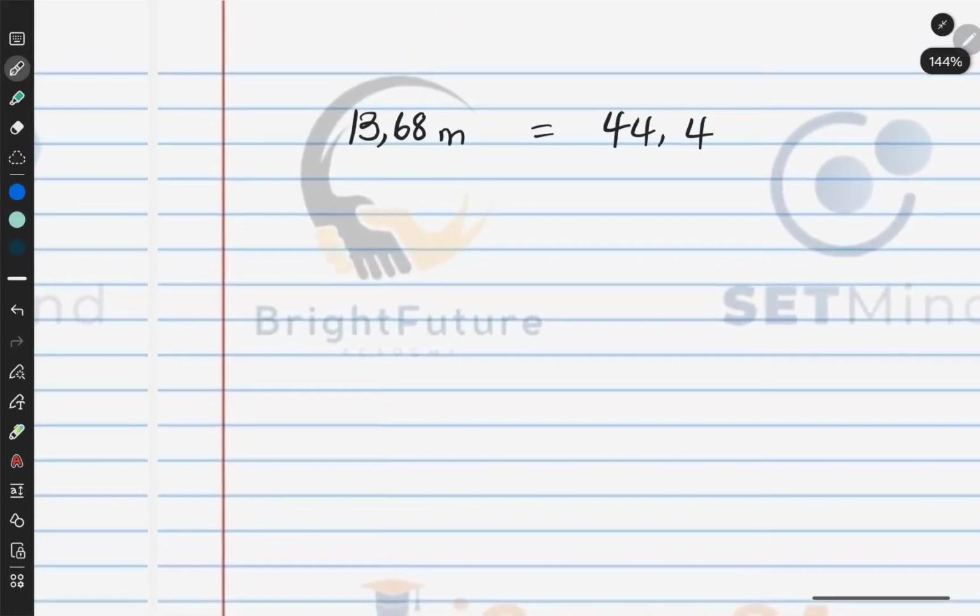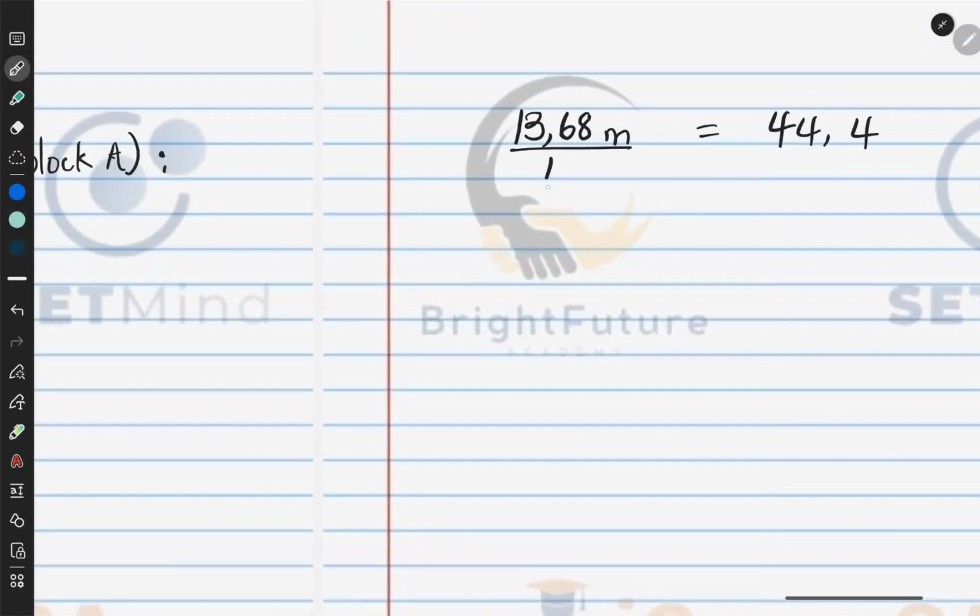Never forget units, otherwise you will get yourself in trouble, even when you are a professional. So now we divide both sides by 13.68, and I get that my mass is 3.25 kilograms, which makes sense.